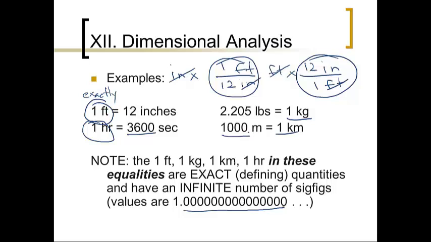So these have infinite numbers of sig figs. This number right here is the only one that's not an exact quantity. 1 kilogram is around 2.205 something pounds. So this one right here only has 4 sig figs in it. That's important when you're putting these things into your problems and trying to figure out sig figs.